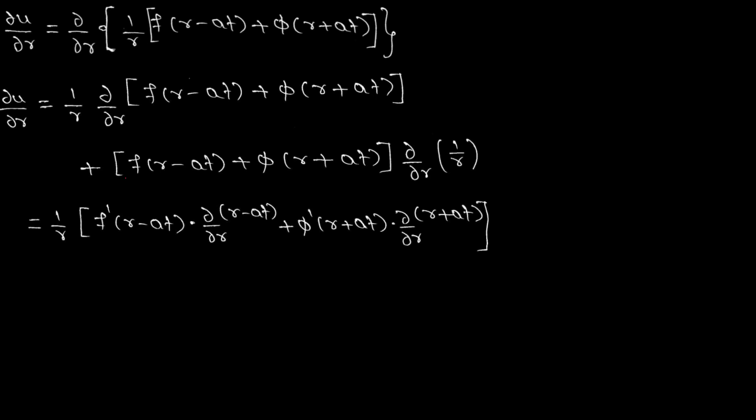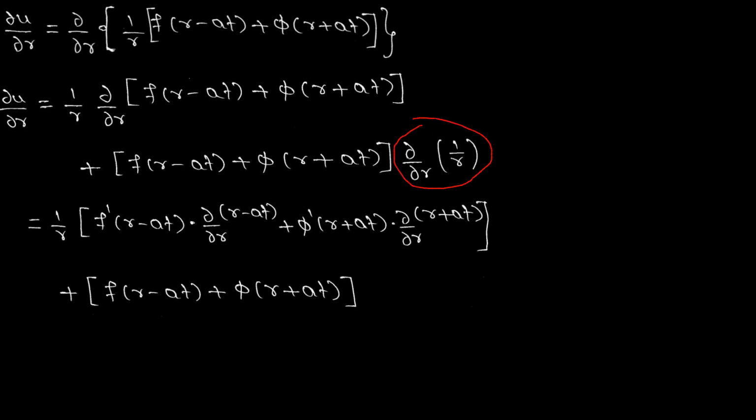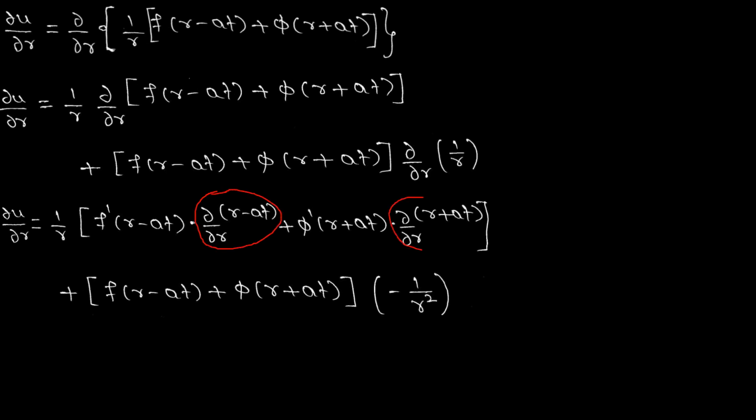Now we write this term as it is. Differentiation of 1 by r with respect to r gives minus 1 by r square. In the next step we simplify these two.